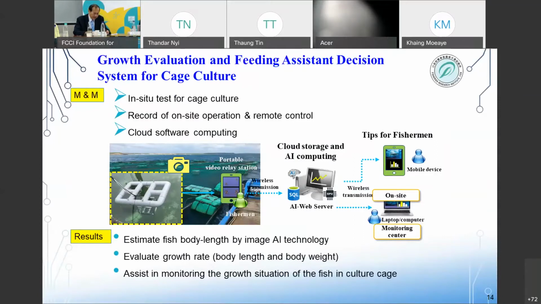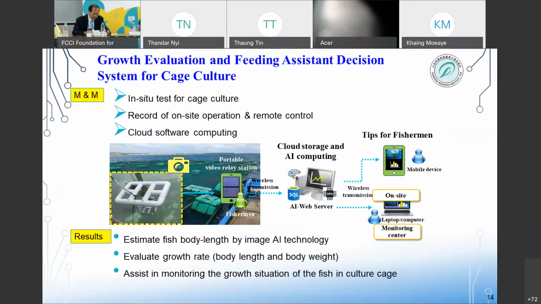The first one is the growth evaluation and the feeding assistant decision systems for cage culture. In this project, the researchers plan to do the in situ test for cage culture and the record of on-site operation and the remote control, and also use cloud software computing technology.